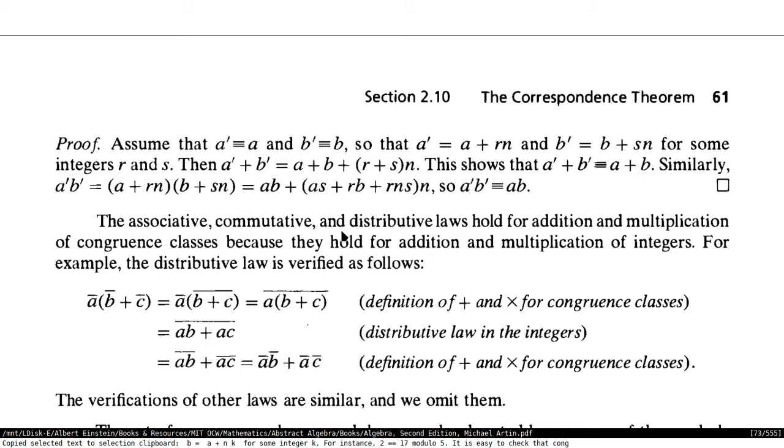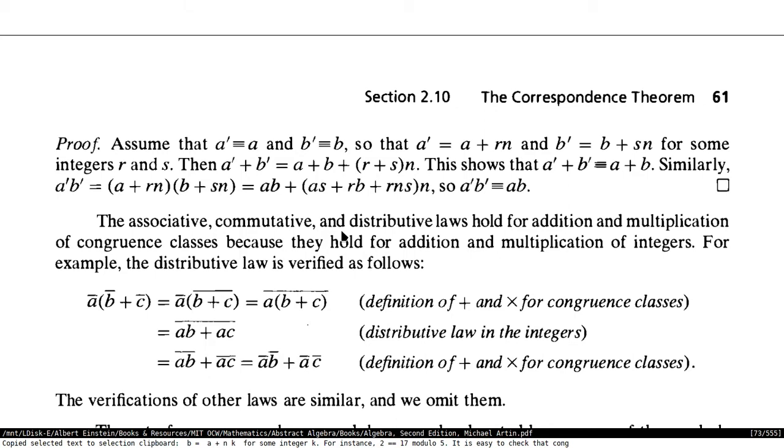And you can do the same for b prime, right? So what you do is you add these two things, that is a prime plus b prime. It's going to give you a plus b plus r plus s times n. And what this shows is that you have the congruence between a prime plus b prime and a plus b, right? And you do the same for the product.